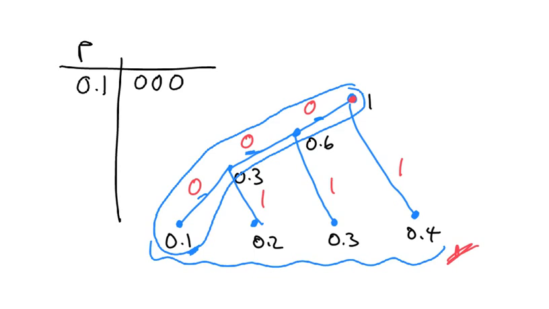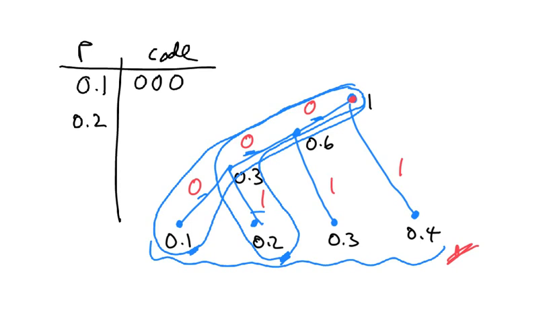And consider now this particular leaf that is associated with the probability 0.2. The path from the root to it is this. Look at the labels on the edges. It is 0, 0 and 1, correct? So the string with the probability 0.2, we encode it with 0, 0, 1. Can you understand this? Now consider the node with the probability 0.3.